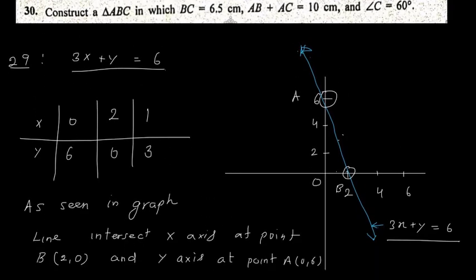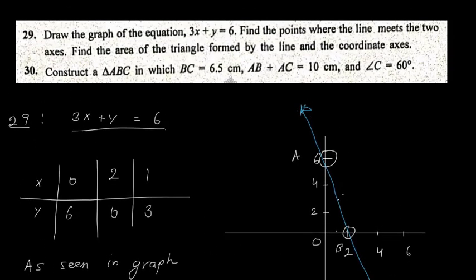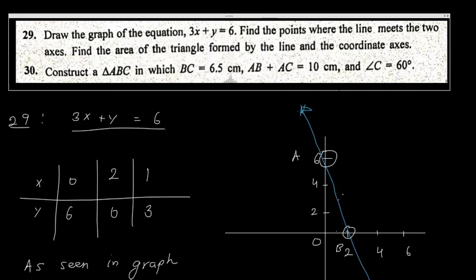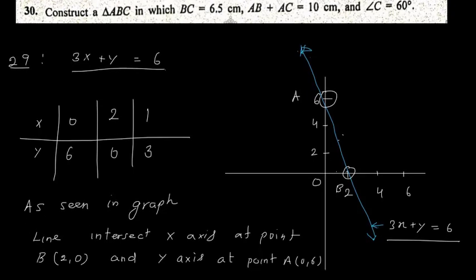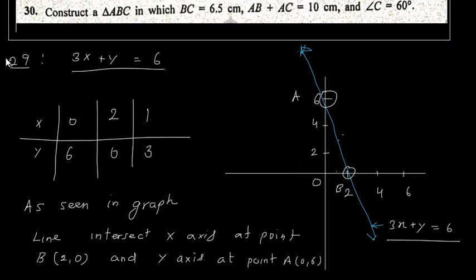Now the 30th question is: we have to construct a triangle ABC in which BC is 6.5, AB plus AC is 10 and angle C is 60 degrees. So let us take this problem.